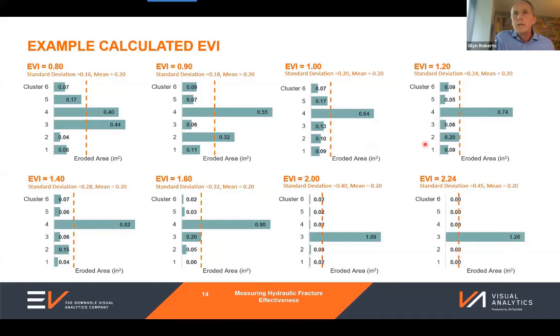When it's a 6 cluster stage, that EVI value is 2.24 as seen there. If it was a 10 cluster stage, the EVI value would be higher. If it was a 4 cluster stage, it would be lower. It depends. That's how the maths works out. It depends on the number of clusters in the stage what this ultimate value is. And of course, this is a value you never want to be going anywhere close to.